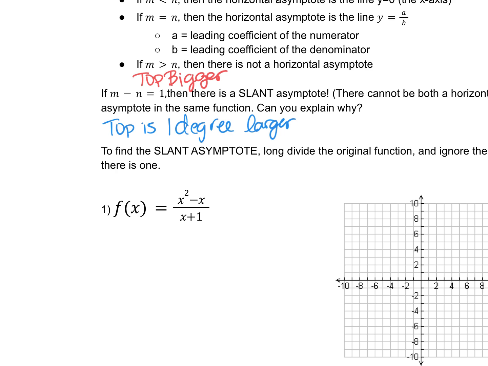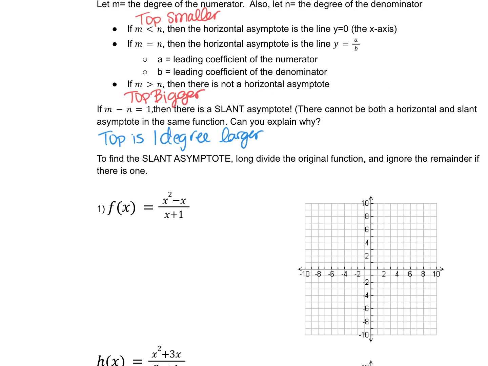To find the slant asymptote, you have to use long division. Whenever you do the long division, your quotient is your equation of your slant asymptote. And the fun part of this is the remainder does not matter. So if there is a remainder, it doesn't affect it.